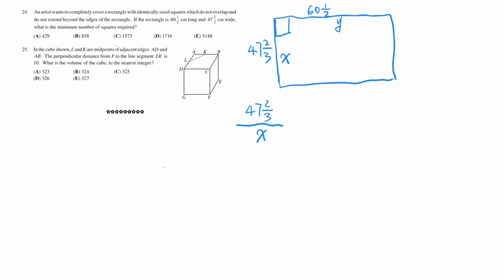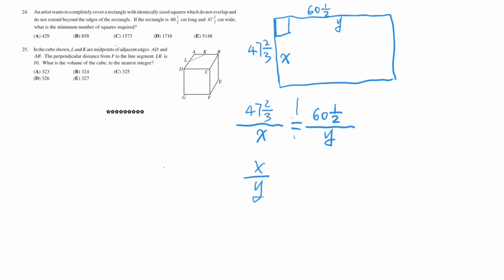That means the side length of the square is an average because they are all identical. The length of the rectangle is 61/2, and the number is y, so x over y.